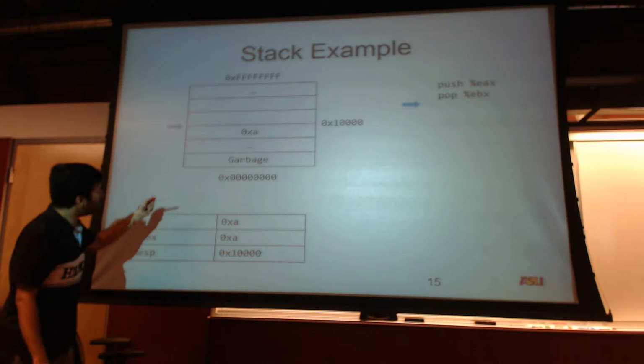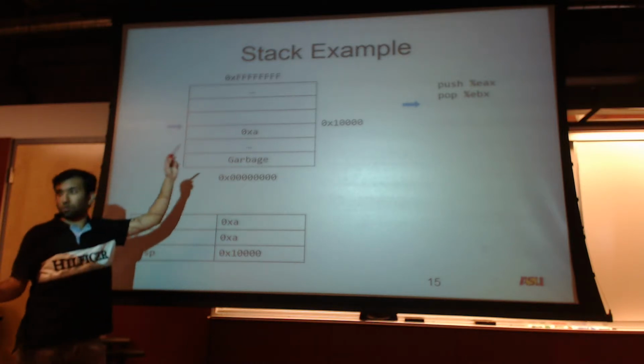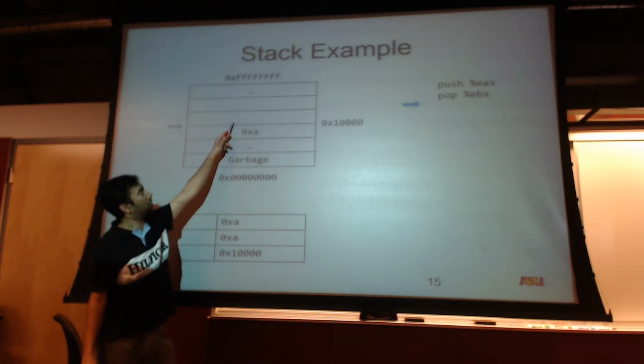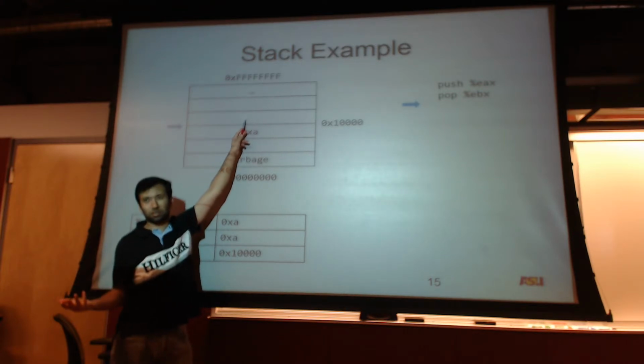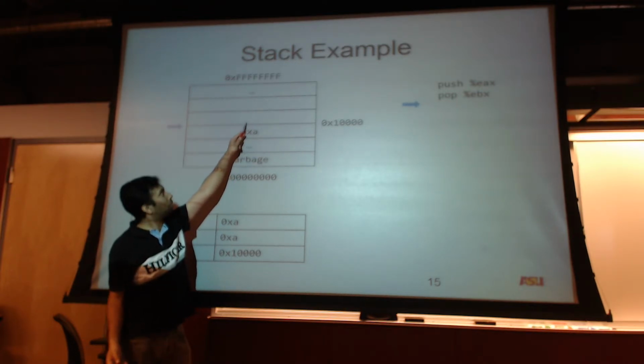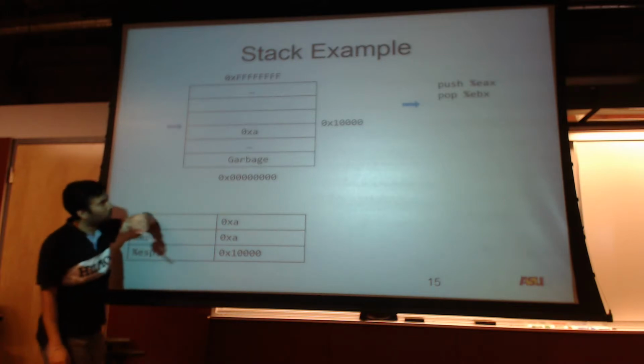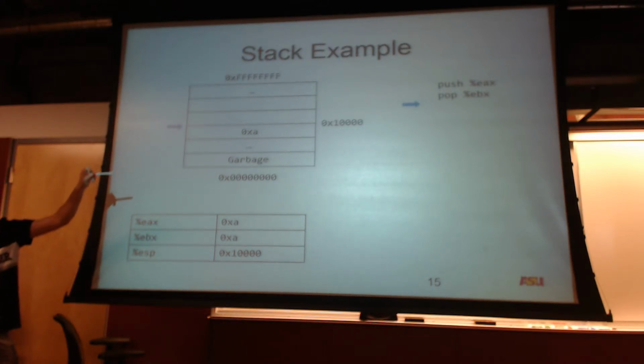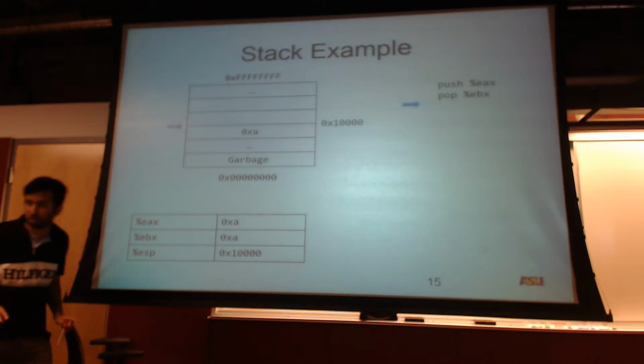So before doing any push or pop, the top of the stack has some value. You don't know what it is, it's just garbage. Now when you pushed, what did you do? Push first decrements. Always remember this.